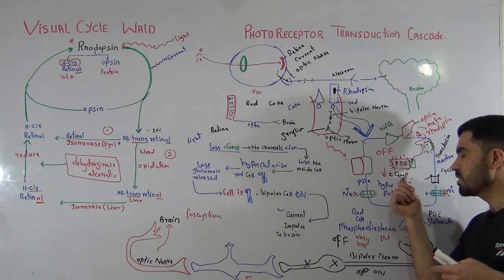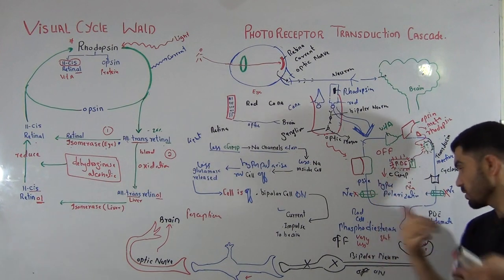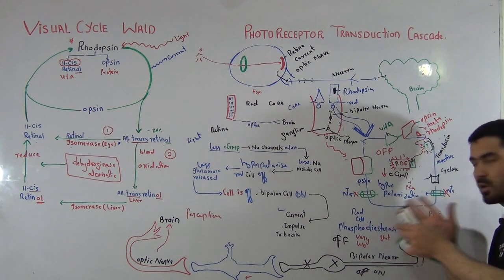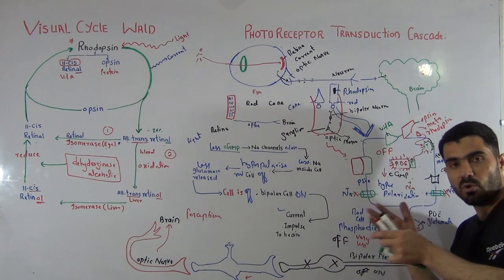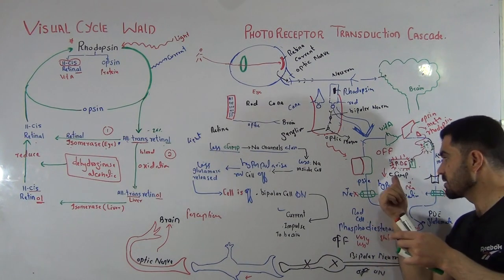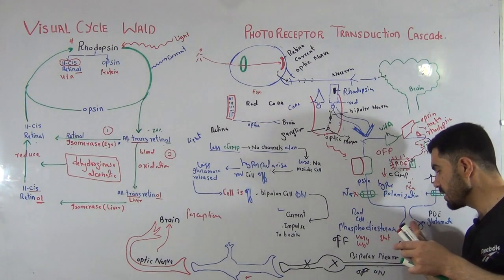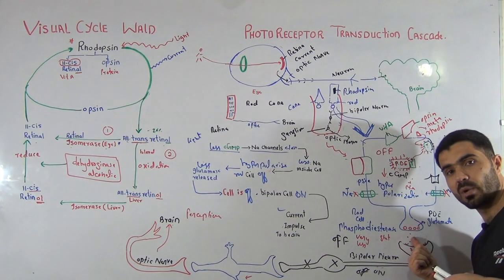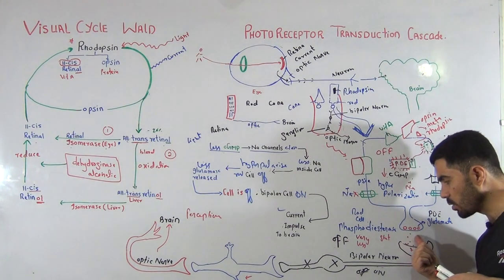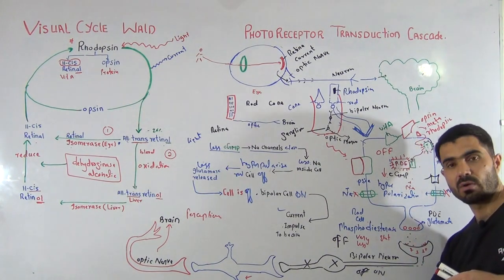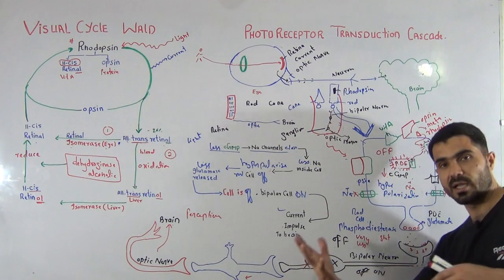The decreased cGMP level causes the sodium channel to close. Sodium ions no longer come inside, and as a result the inside becomes hyperpolarized. Very little glutamate is released. Less glutamate causes the bipolar neuron to turn on and generate the electric signal.